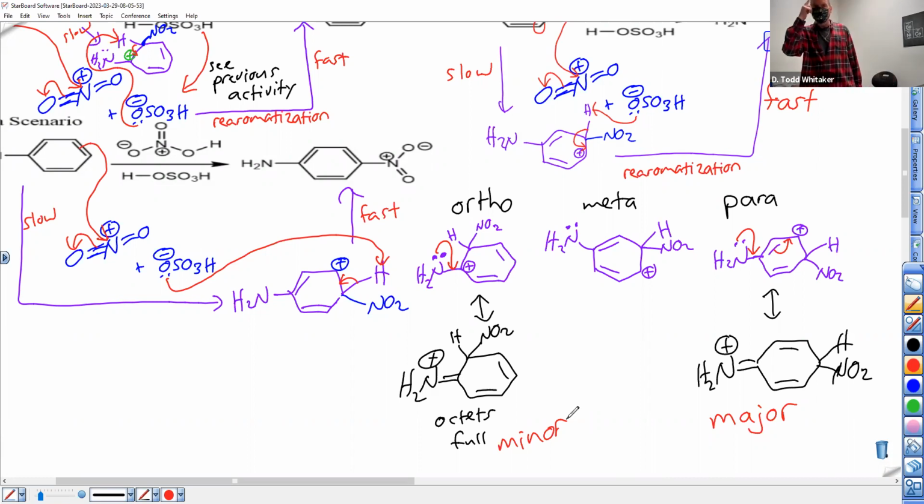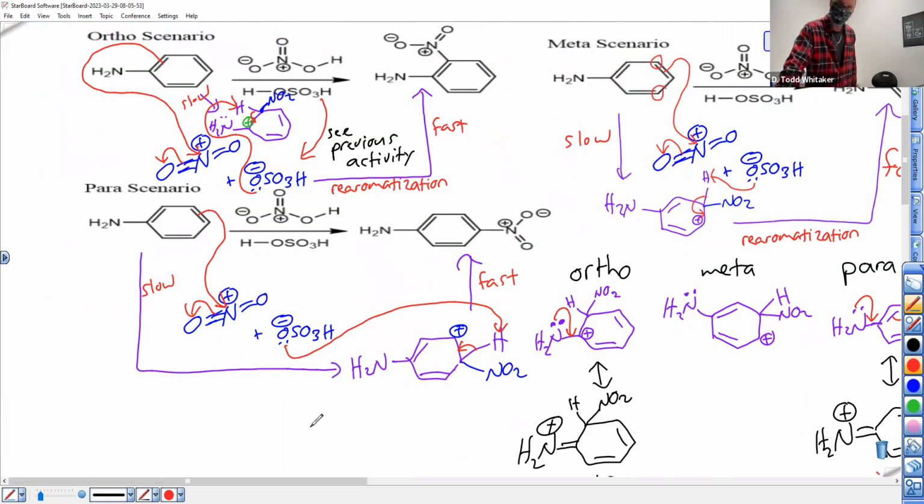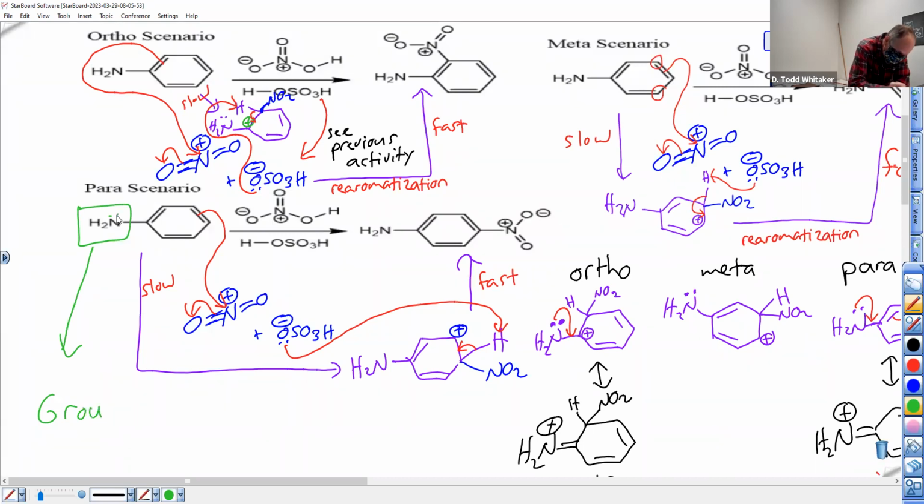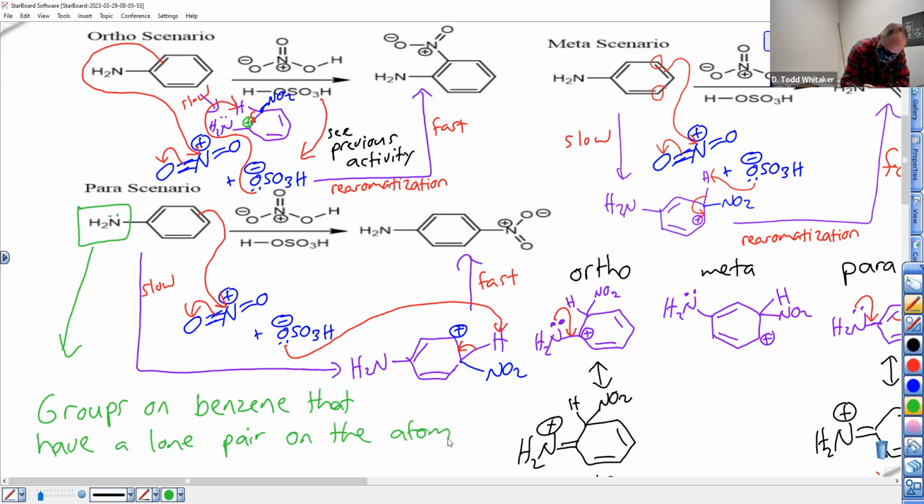So, what kind of group needs to be on benzene to make ortho and para the major product? Here's the story. Groups on benzene that have a lone pair on the atom attached to benzene, which is true here, right?